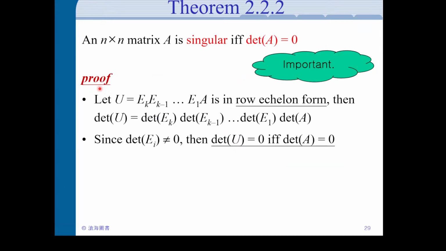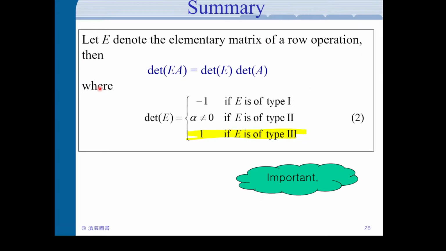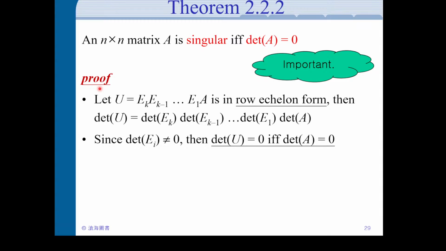And now let's see the theorem that we keep talking about. We now have this next theorem about determinants with row operations on your matrix, and now we can finally prove that a matrix is singular if and only if its determinant is 0.